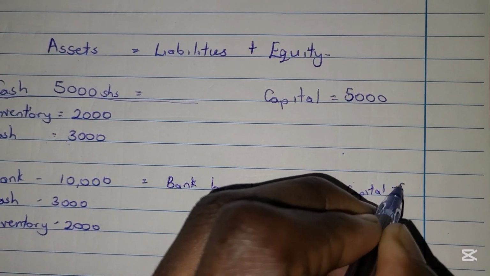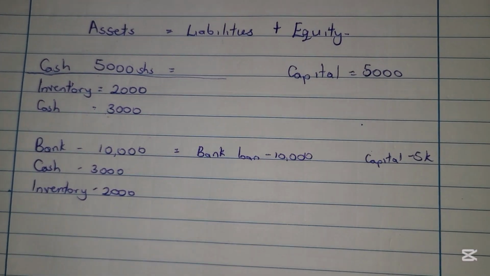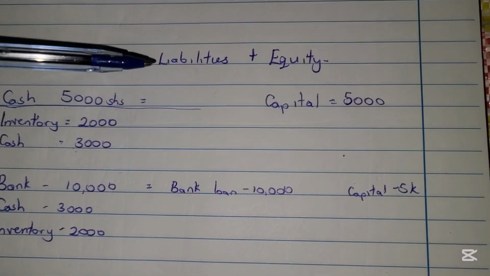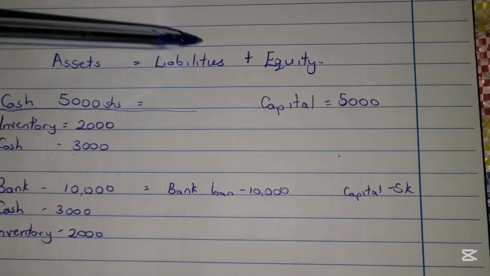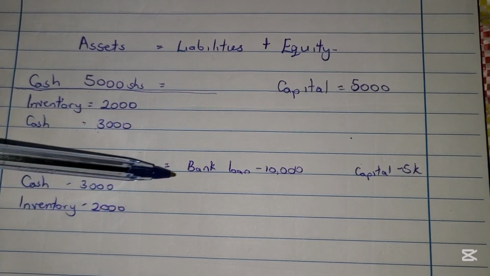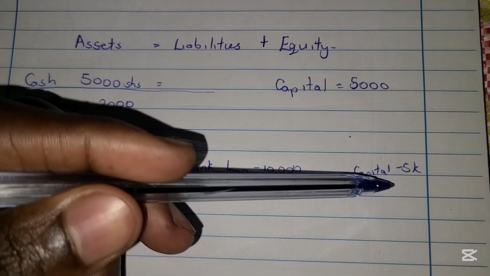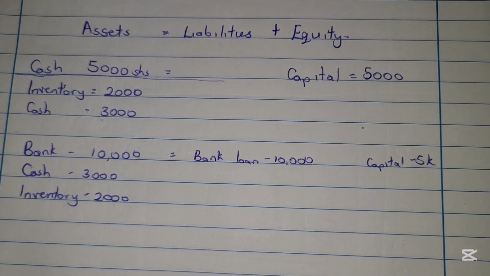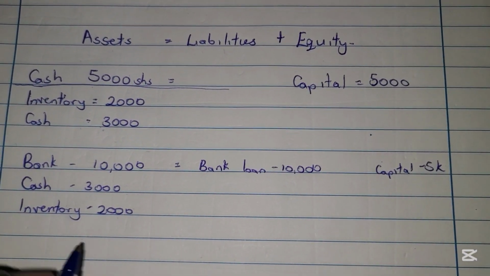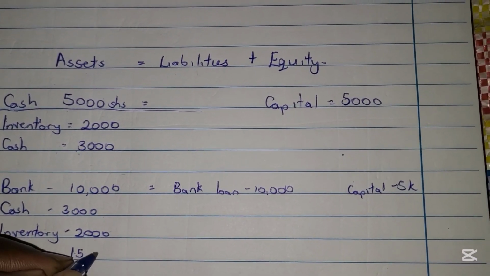Then under capital we still have our 5k. So the accounting equation states assets equal to liabilities plus equity. When you add these assets, they will be equal to the liabilities plus the equity. So let's add them up. 10,000 plus 3,000 plus 2,000 will be 15,000.